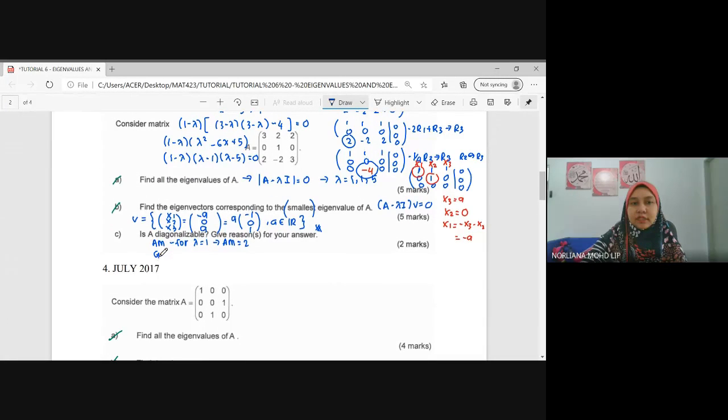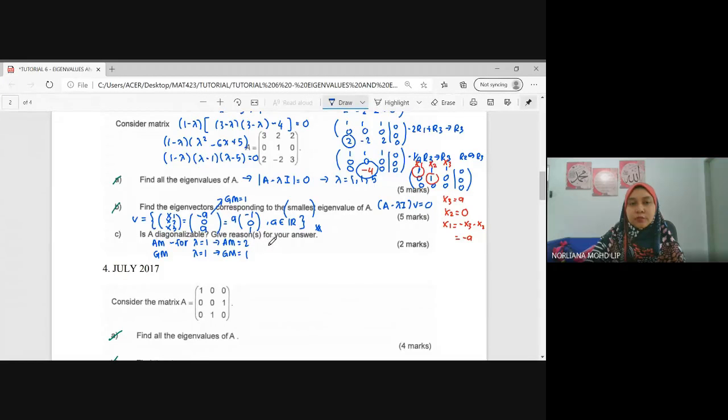And GM for lambda equal to 1. GM is refer for basis for ni kan, eigenvector. So GM kat sini equal to 1. GM equal to 1.